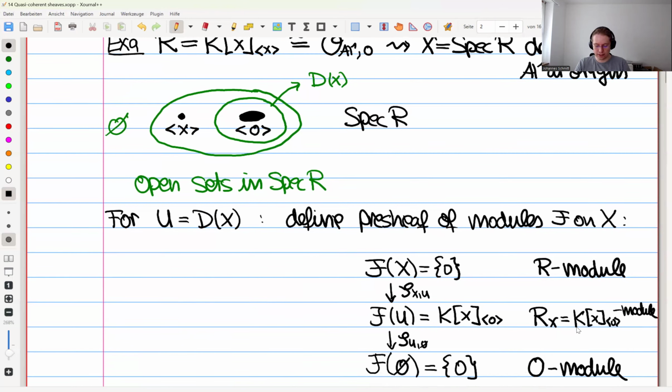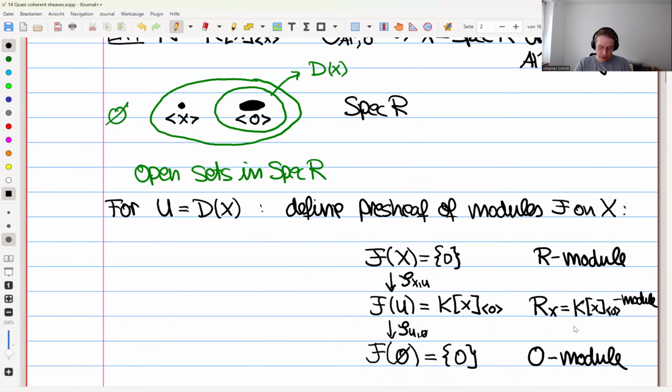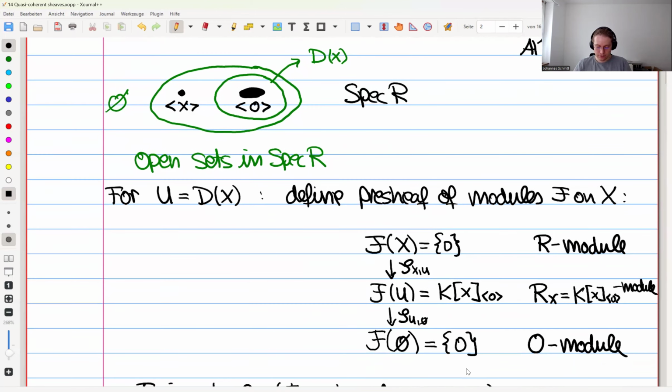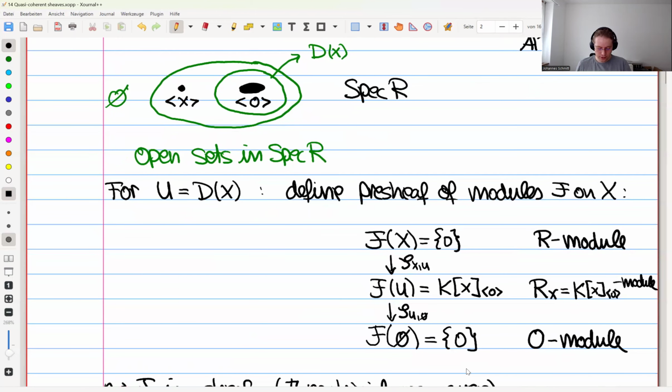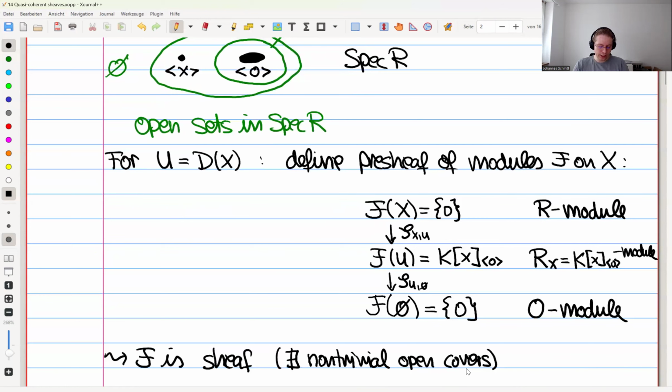And then finally, for the empty set, if we want to get a sheaf out of it, we don't have a choice. We just take again the 0 module. So this is the value of this on these 3 sets. And then you can check that this is a sheaf. And the reason is just that there are no non-trivial open covers.